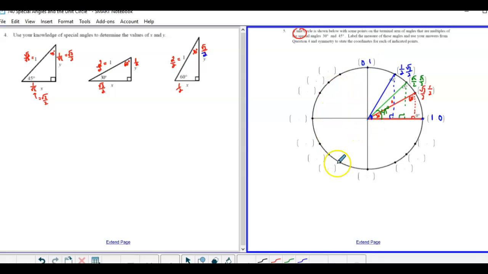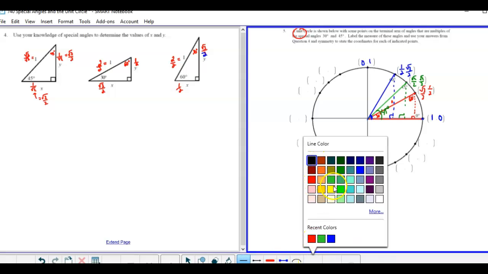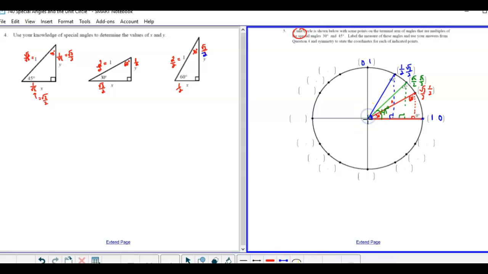Then to get these other dots, if you take a look at it, if I draw a line from the origin to this point here, and you compare it to the blue on the right side, it's exactly the same. It just is reflected over the y-axis.